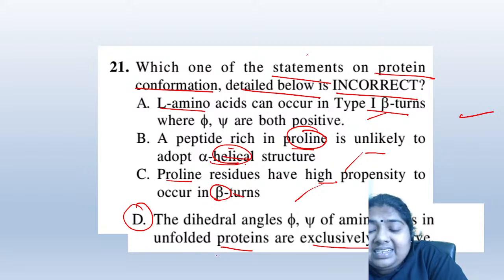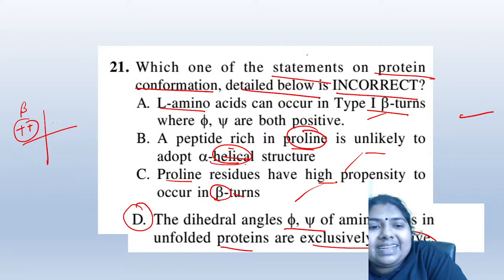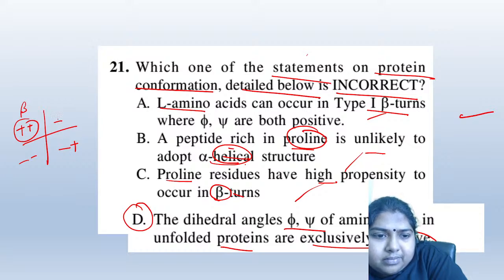It says that phi and psi of unfolded proteins are going to be exclusively positive. Can it be exclusively positive? Not at all, no. That is why you have 4 quadrants. Else you could have only the positive quadrant. Only positive means beta will only be there. This is negative, this is negative, positive, this is going to be positive.